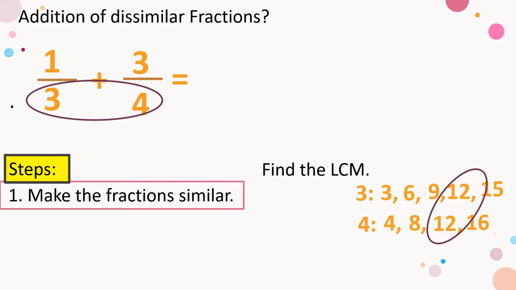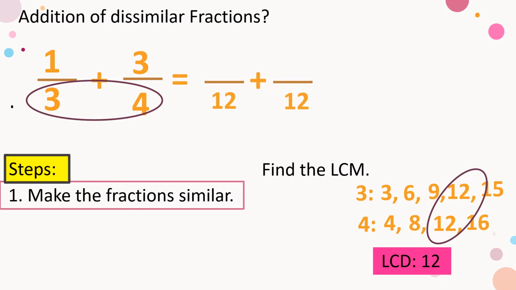What are you going to do with that? You can use that as the least common denominator. So you have here, that would be 12, and there. So what are you going to do next? 12 divided by 3 times 1.